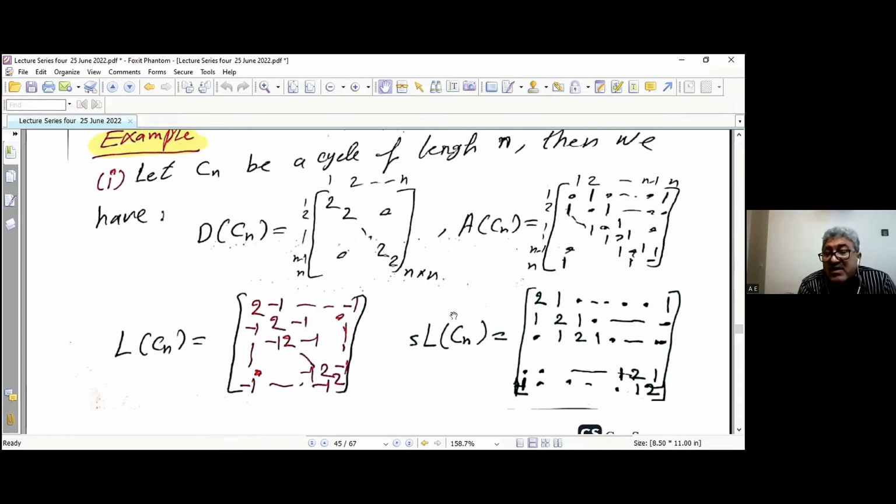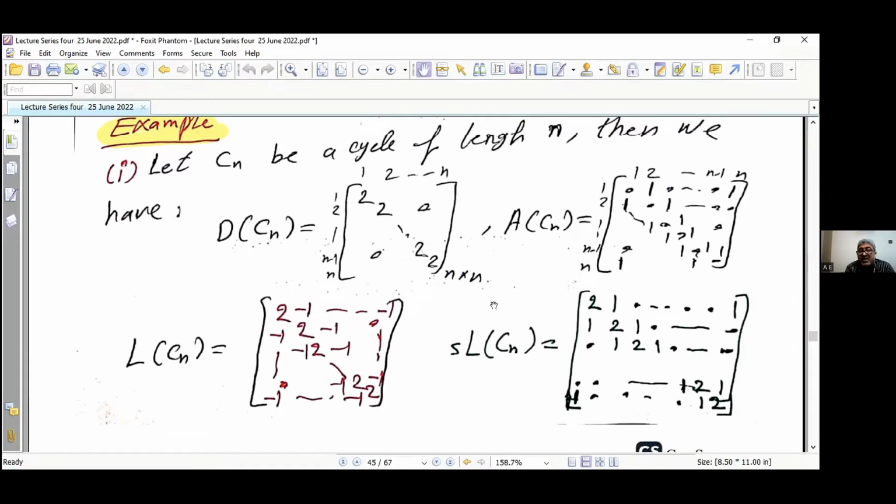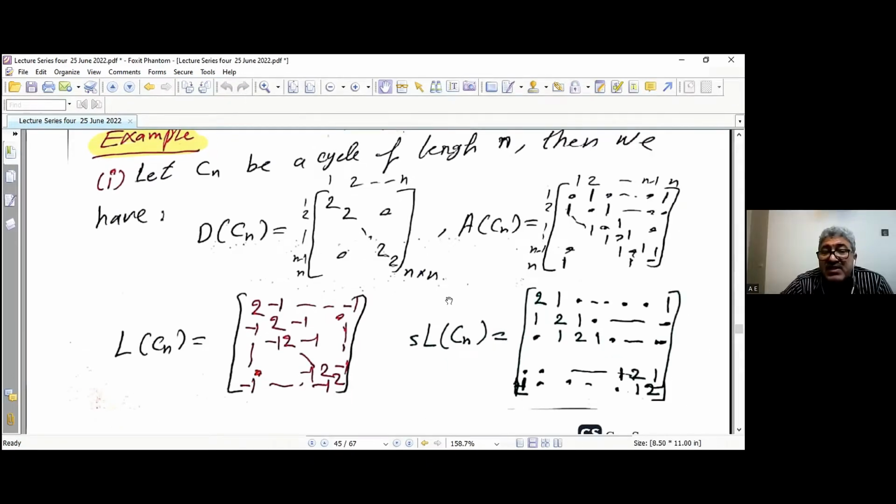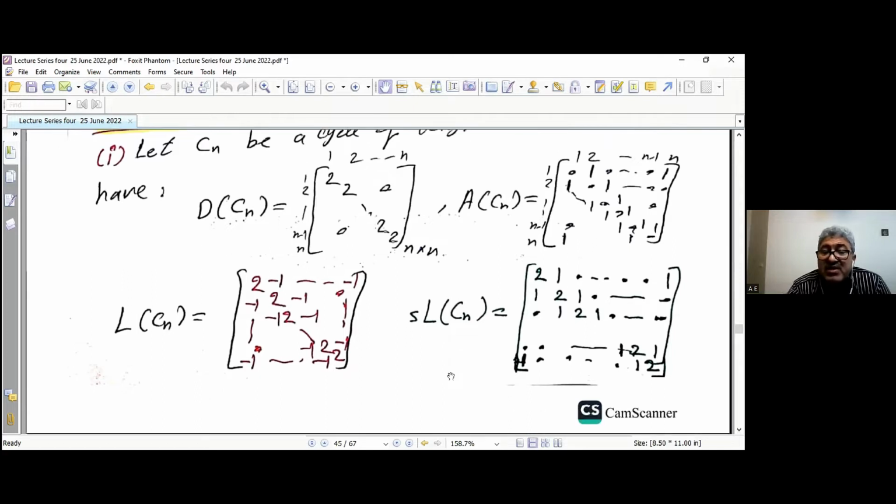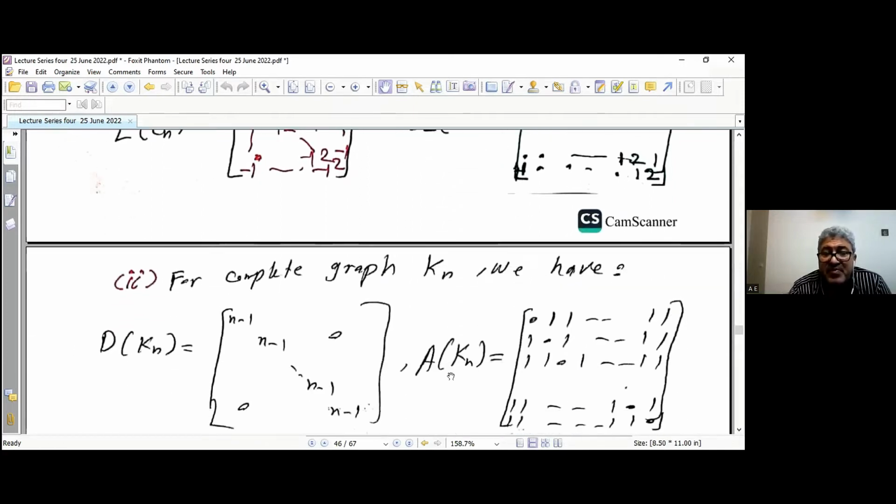And on the right, we have the signless Laplacian matrix, which is the addition of the degree matrix and the adjacency matrix, or equivalently, if we replace minus 1 by 1.